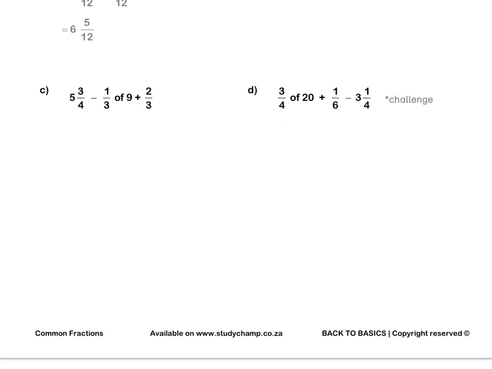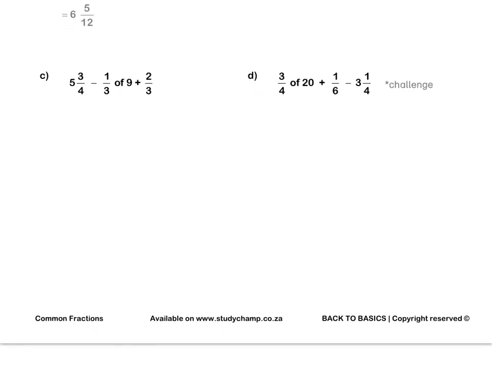Let's do question C together. Get out your pens to do so. We have that minus a third of 9 plus 2/3. So 5 and 3/4 we're going to write down, minus a third of 9 is 3 plus 2/3. Then if we look at our fraction parts, the lowest common denominator is 12.